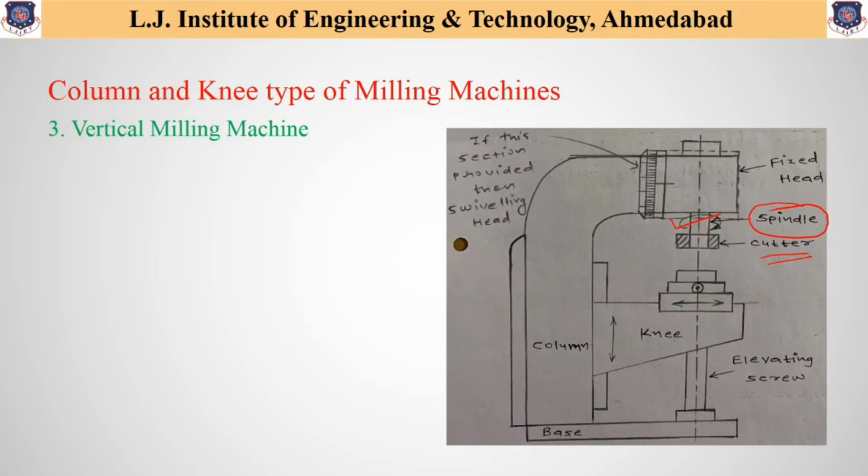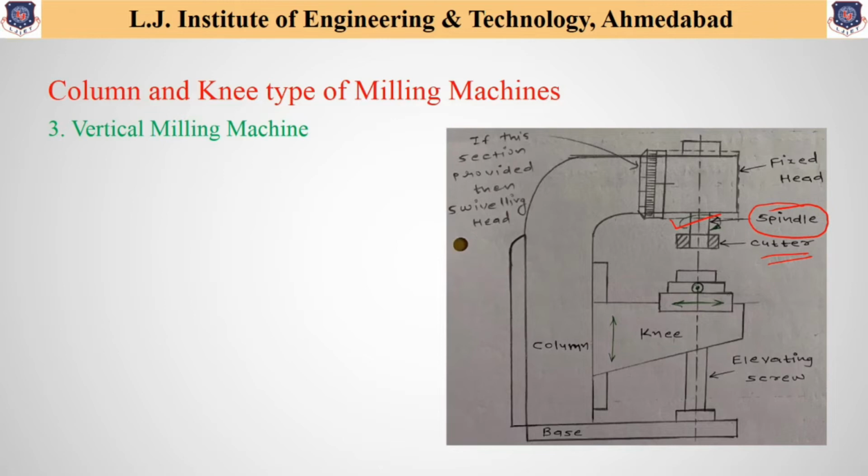Similarly, I am repeating this: in the horizontal milling machine the cutter is provided on a horizontal shaft, that is why it is called an arbor, and here the cutter is provided on a vertical shaft, and that's why this shaft is called a spindle. So keep these two words in mind, arbor and spindle.